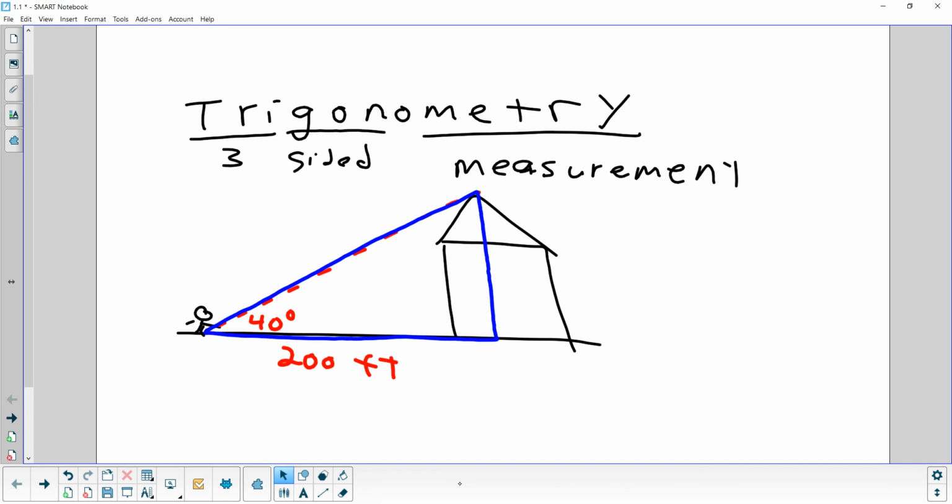The base is 200 feet. The angle is 40. Assuming the building is perpendicular, that's 90. Solving for x would be measuring the height of the triangle, or really the height of the building in that case. So that's an example of a very, very simple right triangle trig problem. It gets a little bit more complicated when we have triangles that are not right angles, but we can work with those too.